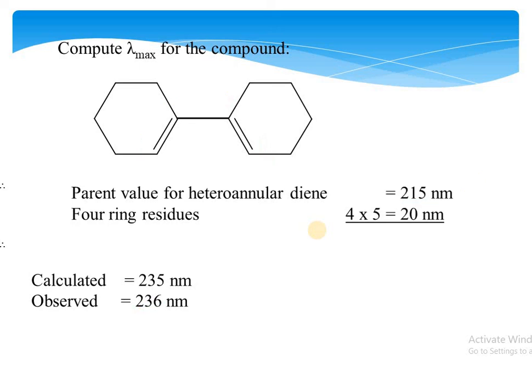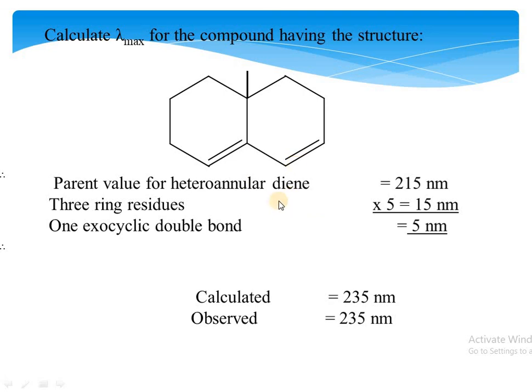So the next example is this one. In this again two rings are present, and these two double bonds are in different rings, so it is again a heteroannular diene, and its parent value will be 250 nanometers. And this is our system.